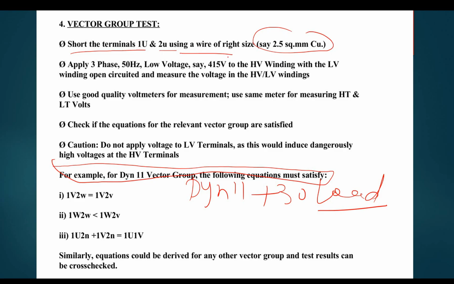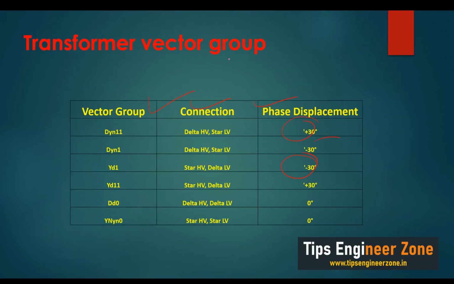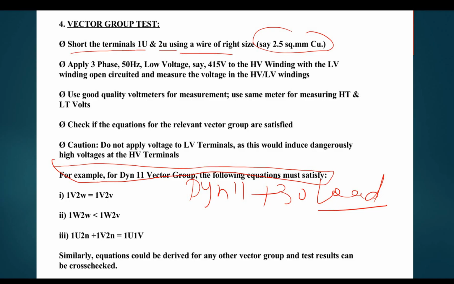Apply three-phase 50 Hz low voltage, say 415 volts, to the HV winding with the LV winding open circuited, and measure the voltage in the HV and LV windings. Use a good quality voltmeter, use the same meter for measuring HV and LV volts, and check if the conditions for the relevant vector group are satisfied.